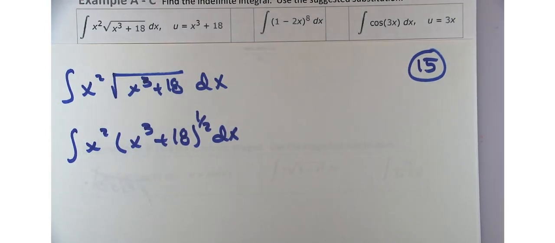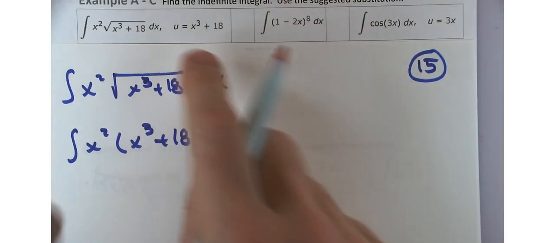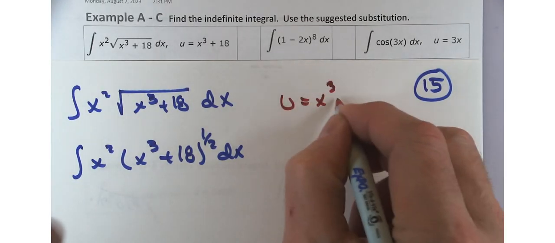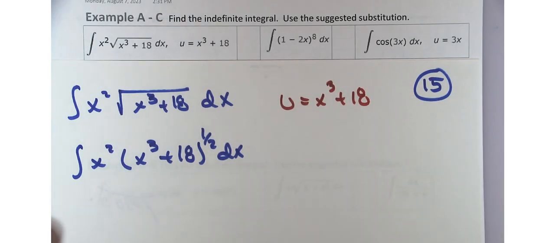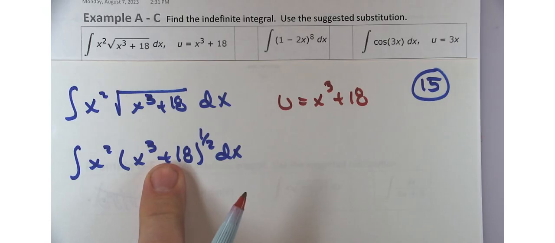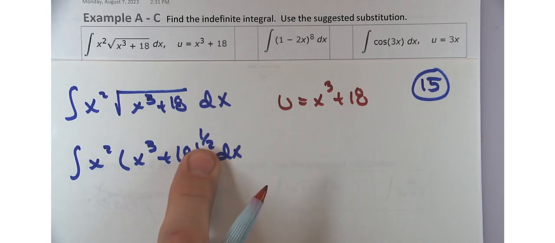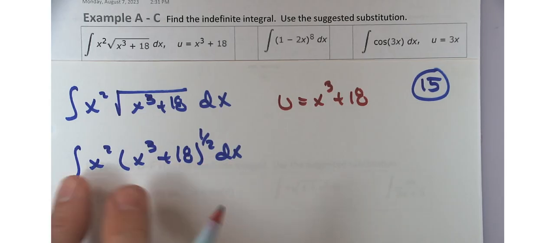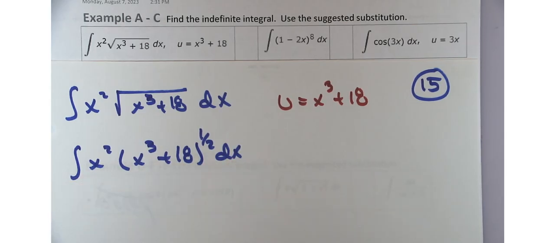But let's keep in mind that the problem itself is telling you, let's let u equal x cubed plus 18. So I can substitute that in directly and I'd end up with a u to the 1/2 power. The problem is that would give me some mixed notation. I'd have x's and u's in the same integrand. You can't have that. You need to have just one variable.